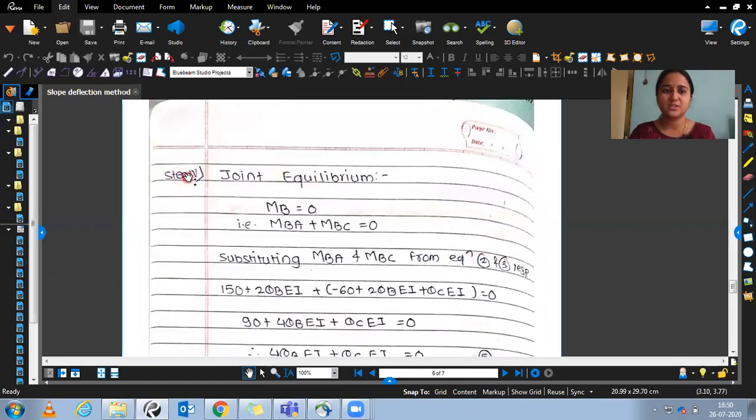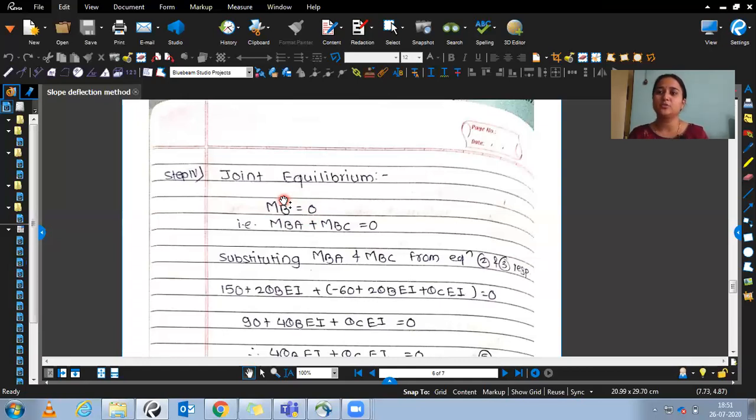Now moving towards step 4, that is joint equilibrium. So as we know, for equilibrium of joints, or for becoming a stable joint, we'll consider the moment at joints equal to 0. Okay, so this is our basic equilibrium condition, that is the moment at joints or moment at the connection point will be 0.